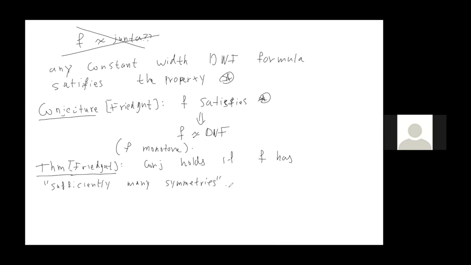I'm intentionally being vague here, so it's not clear exactly what he needs, but for example, it works for graph properties. So in his paper he proved this result, and then he conjectured that symmetries are not needed, but we don't know how to show that.